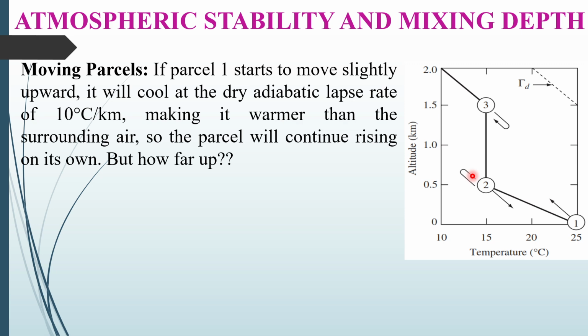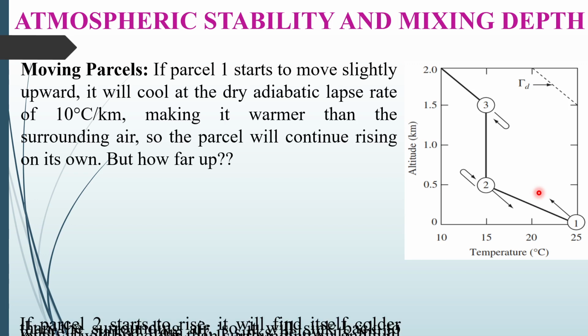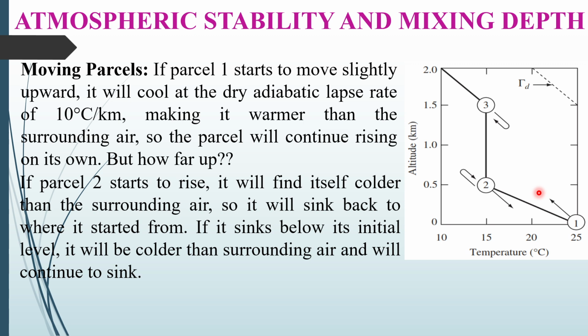So for parcel 1, if it starts to move slightly upward, then as here the dry adiabatic lapse rate is less than the environmental lapse rate, the air parcel will be warmer than the surrounding air, so the parcel will continue to rise. How far up, we will discuss later. But before that, we'll see what will happen for the parcel at level 2.